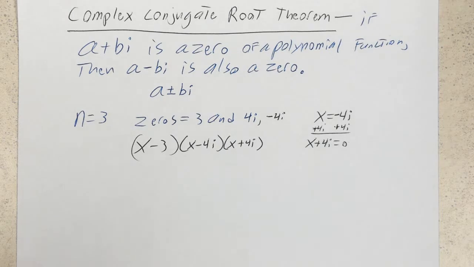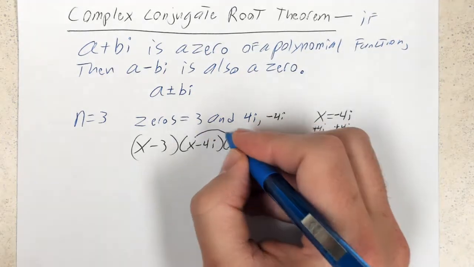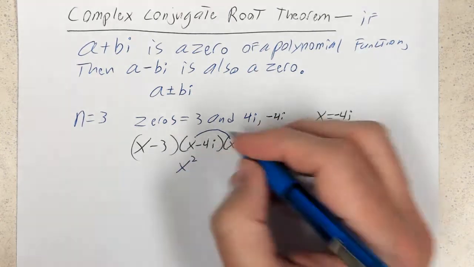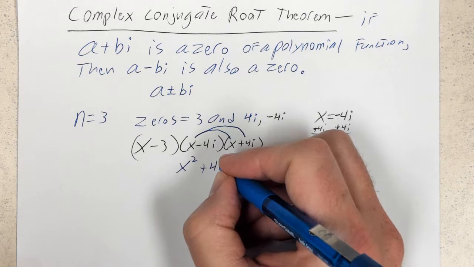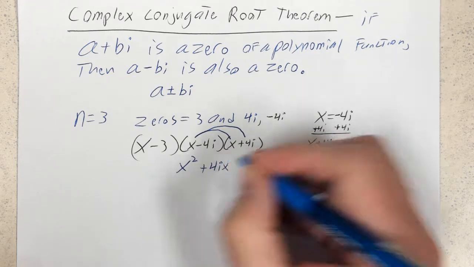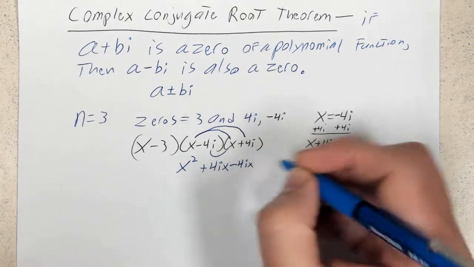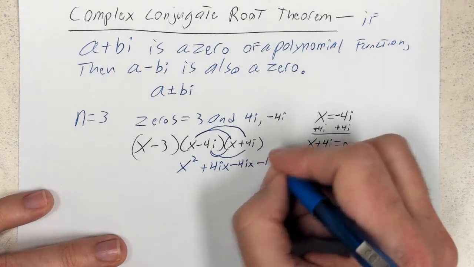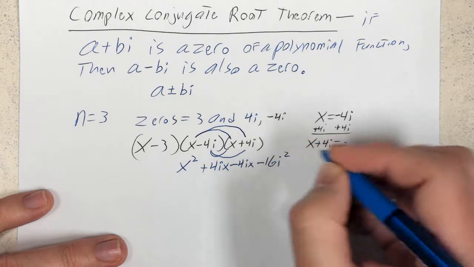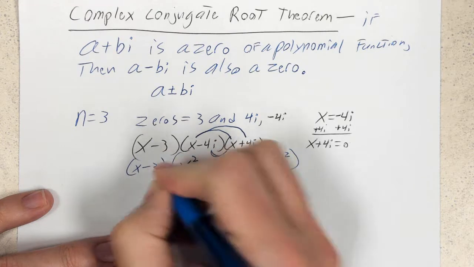Alright? So then we want to start multiplying. We want to go ahead and multiply these guys together. So x times x is x squared, x times 4i, positive 4ix, negative 4ix, negative 16i squared, x minus 3.